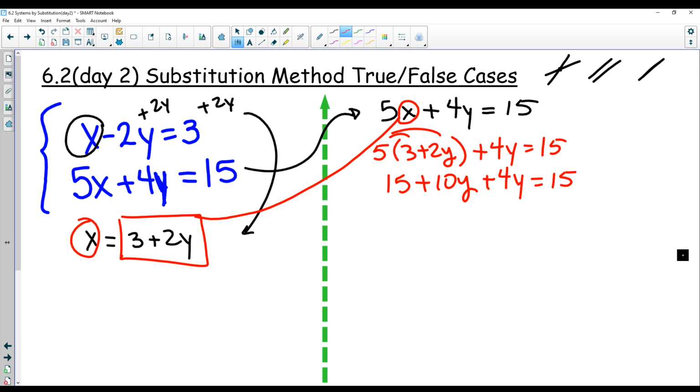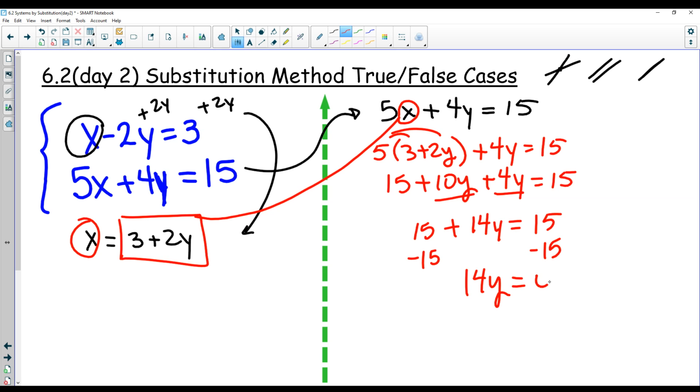Right? And then combine your like terms here. So we have 15 plus 14y equals 15. And subtract 15 on both sides. So 14y equals 0.